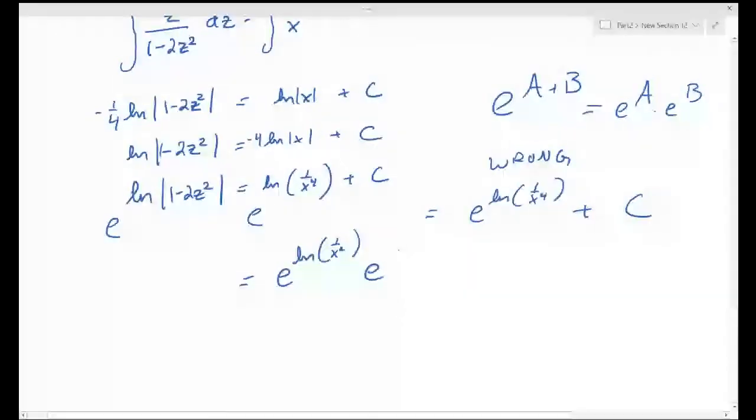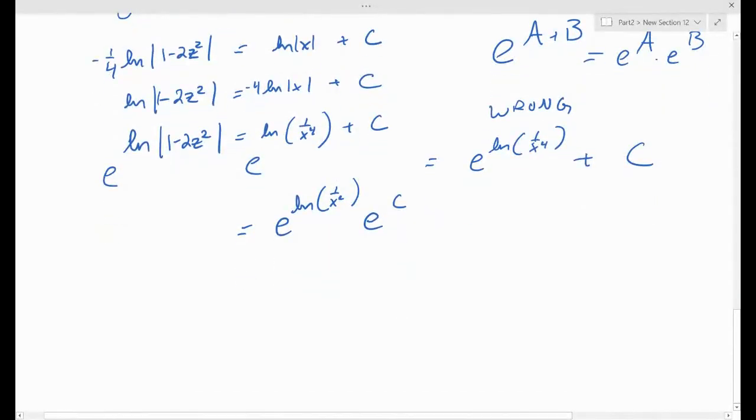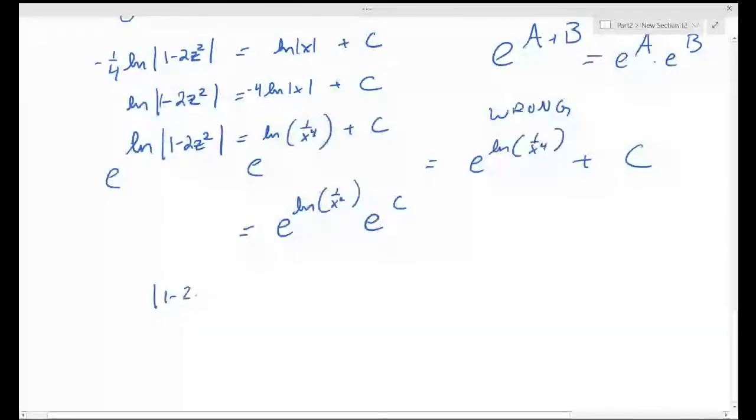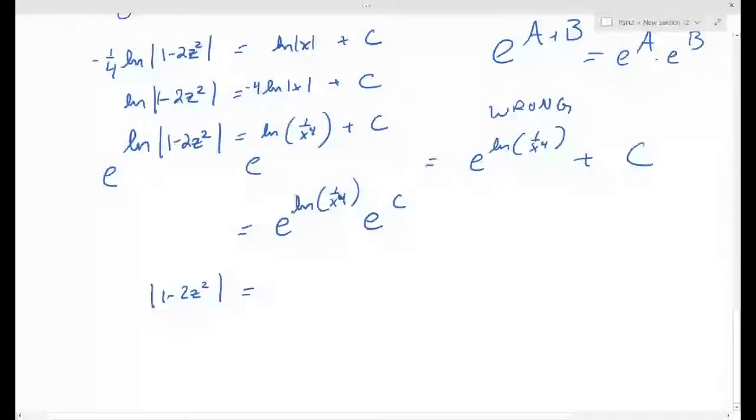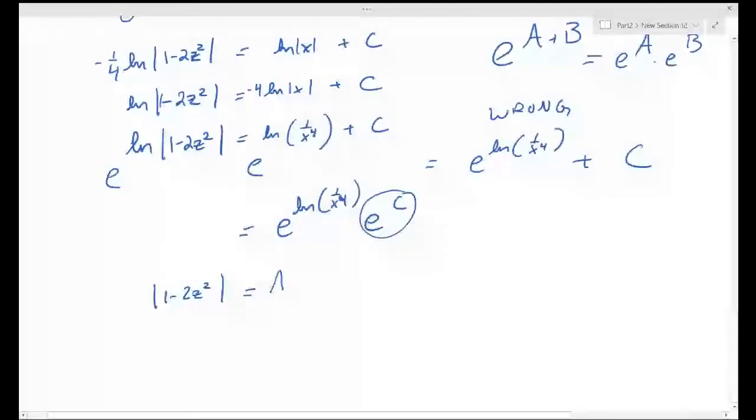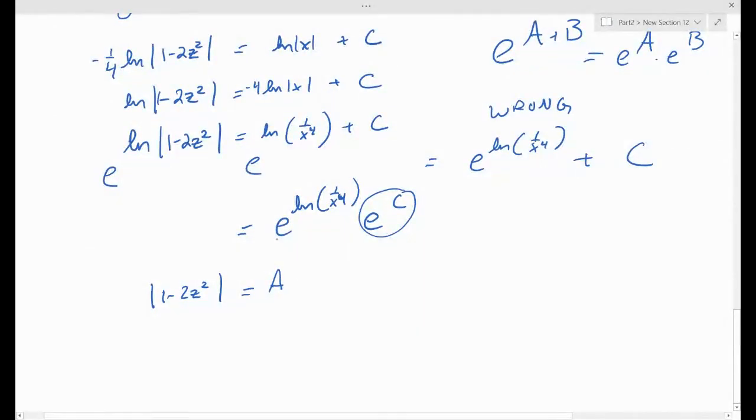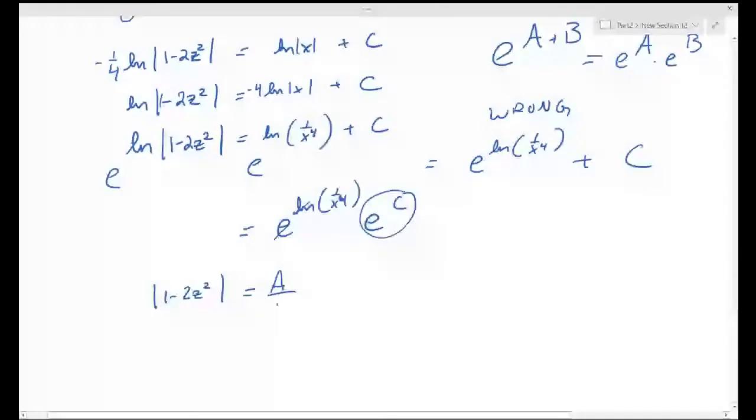Okay, but anyway, we got rid of the logs by exponentiating. And e to the c is just some arbitrary constant. Let's call it maybe a. And here we just get x over 4.